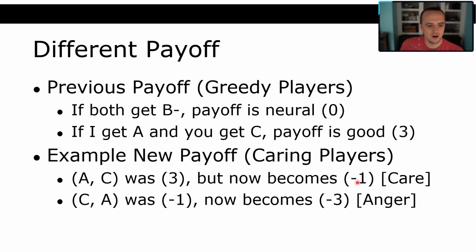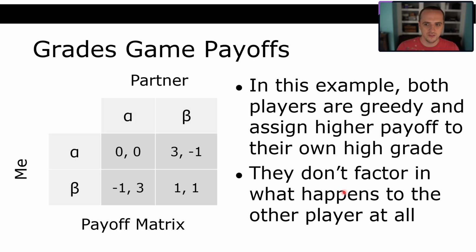But maybe now that becomes a -1 because I care that you got a bad grade, right? And if I got a C and you got an A, that was now -1, but maybe now that becomes -3 because I'm angry that you chose the thing that made me get a low grade, right? So this is an emotional or a caring player. So if this happens, this is the payoff matrix.